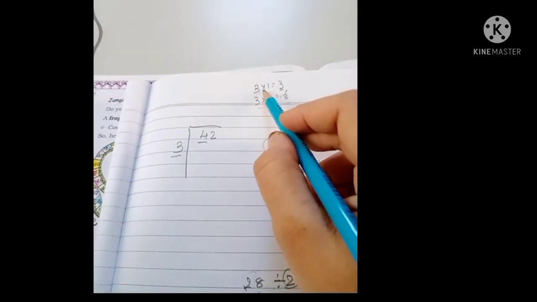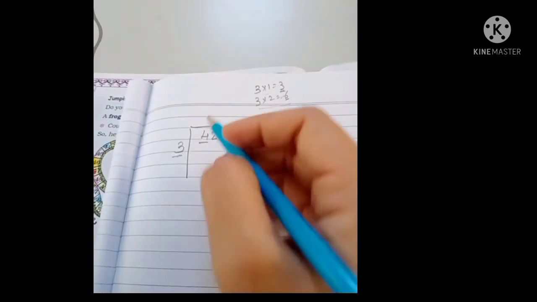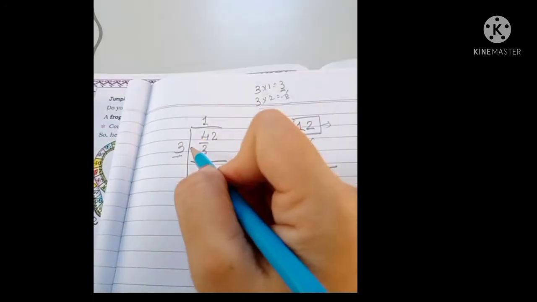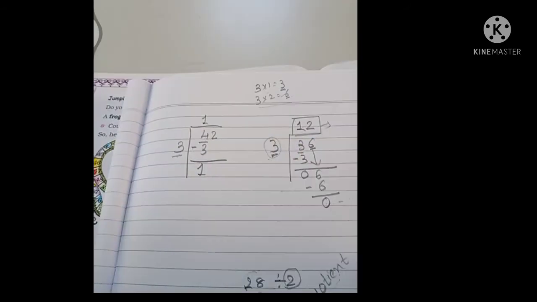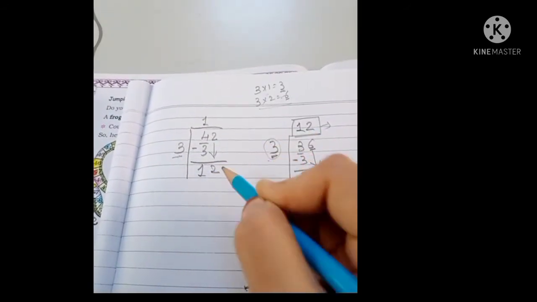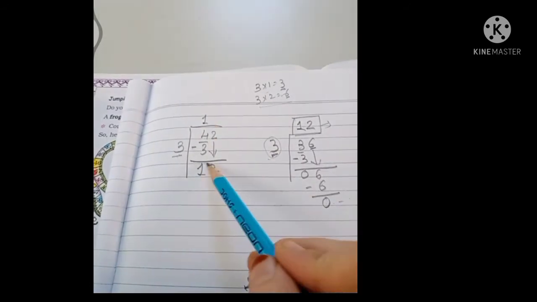So we have to take the number which is less than this number. Means 3 ones are 3. Then we have to do the subtraction. So 4 minus 3 we get answer 1. Then this 2 we have to put down. Now students, now you have to speak table of 3 and get 2.